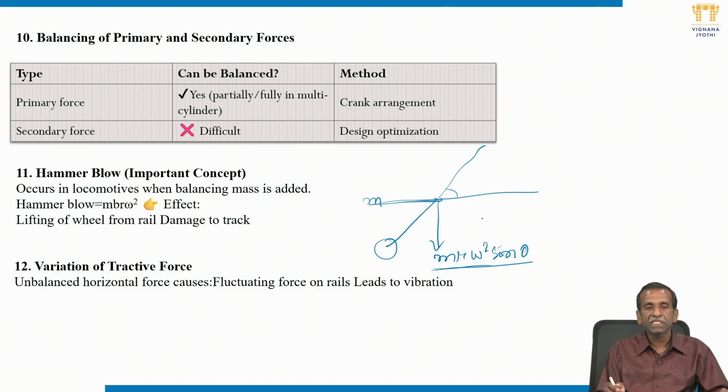With this, this is the concept entirely, the effect of unbalanced primary and secondary forces; we will see more elaborately in numerical problems. Primary balancing, that is complete balancing, may be possible by a multi-cylinder arrangement with proper crank arrangements, and secondary force balancing is not that easy because high frequency vibrations lead to unbalanced mass.